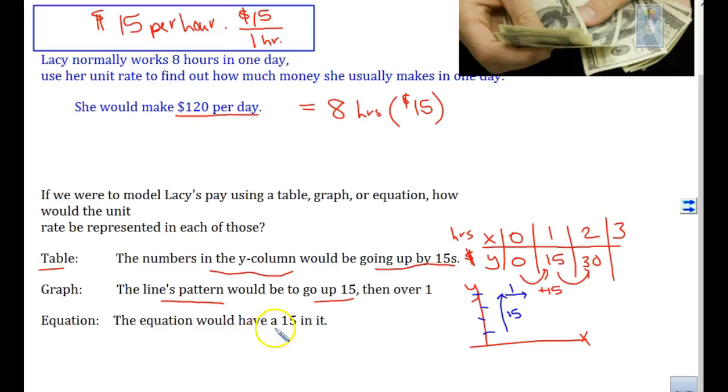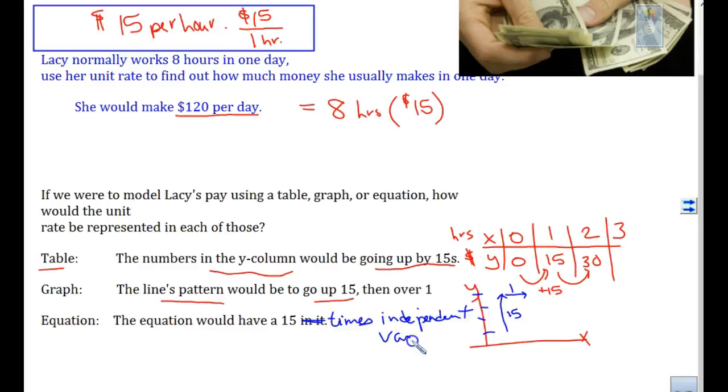And then the last one is the equation has a Y in it. And I want you to change this and not just put an equation has a Y in it behind the word equation. I want you to put the equation would have 15 times the independent variable. Which one is independent? X or Y?